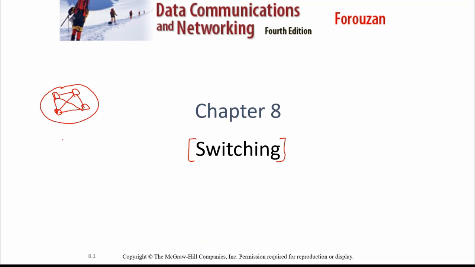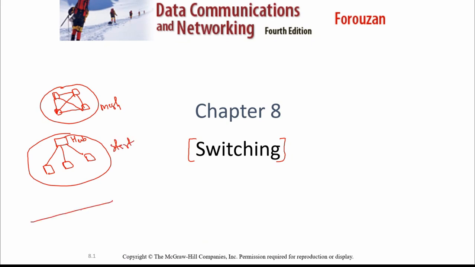Similarly, suppose we have a star. In a star, we have a central device, to which different devices are connected. This is basically the hub. So this is the mesh topology, and here is the star topology. Similarly, there is a bus, where a common cable will be there and then different devices. This we have already seen.